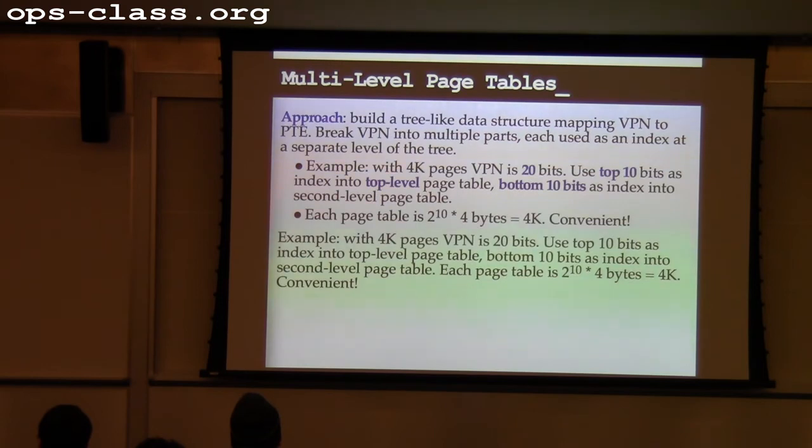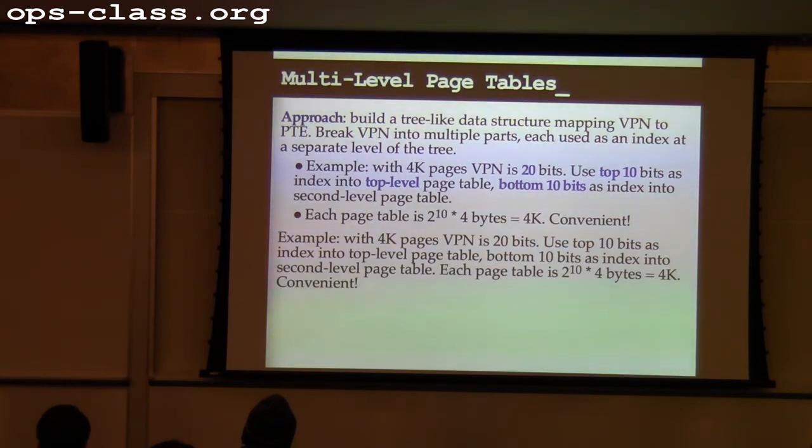I have a graphic for this, so we'll go back and forth between these two slides. A common way to do this with 4K pages is to observe that all sorts of nice things happen here. My virtual page number is 20 bits. If I split that into 2 parts, 10 bits for the top half of the index and 10 bits for the bottom half, and keep in mind that on 32-bit systems pointers are 4 bytes, then my top level of the tree needs 2 to the 10th entries, because my index is 10 bits.